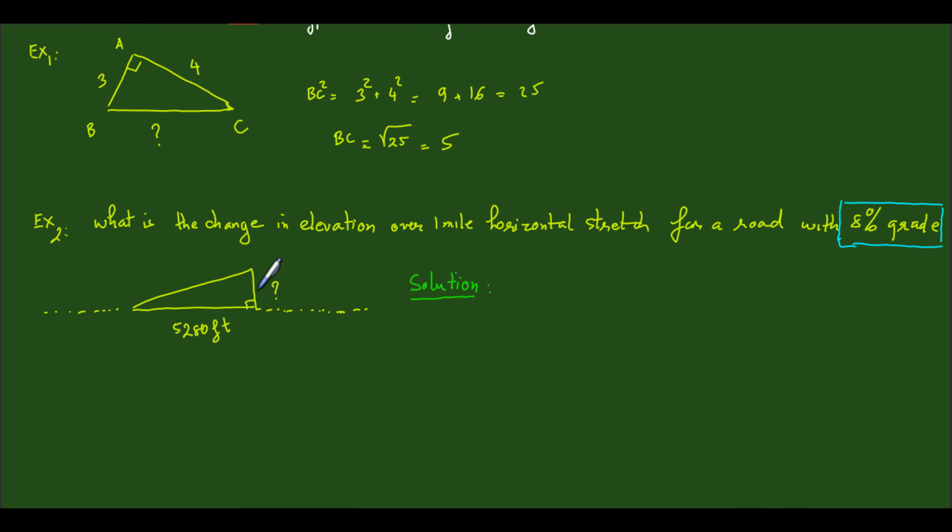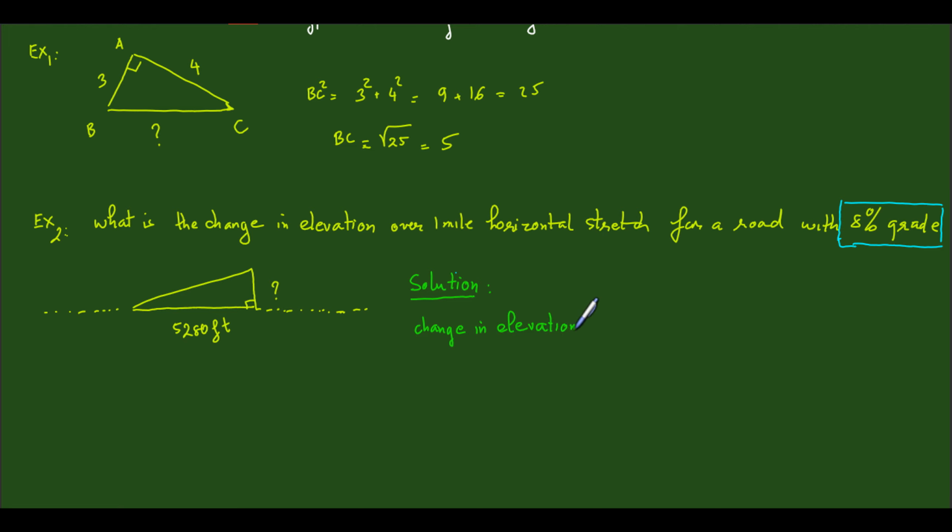So in order to find the elevation, how high it's going up with respect to the horizontal line, you change this to a decimal number and you just multiply. So 8% grade is like the slope. It tells you how many percent is going up.